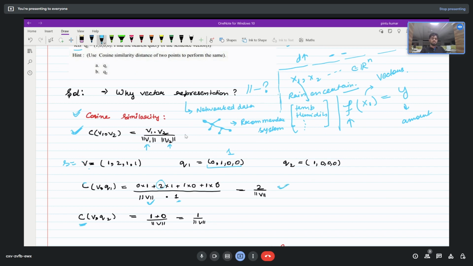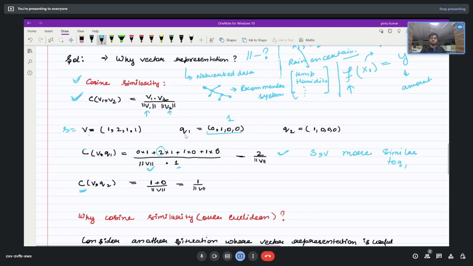This vector s, or the v that we are using here, is more similar to the query point q1. You would have already solved this exercise, I guess. So this was the question that was asked.